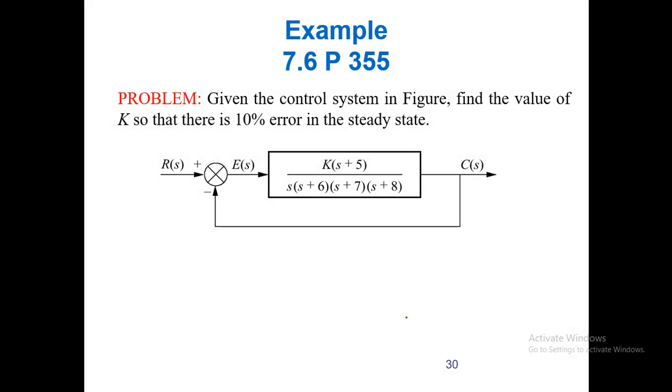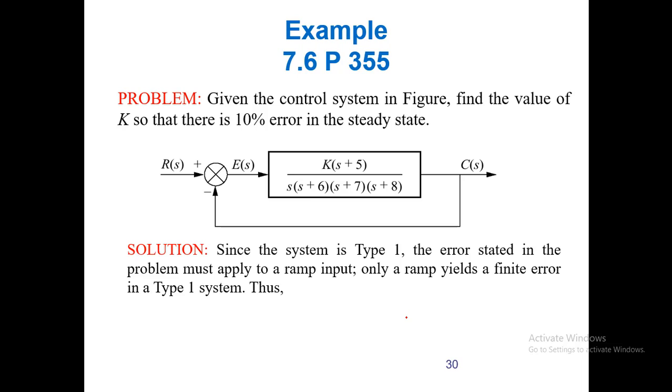So let's do the last example of this lecture. For a given control system in the figure, we have to find the value of K in such a way that there is only 10% of steady state error. So what will be the value of K so that the error is not more than 10%? The first thing we need to start with is checking the stability.